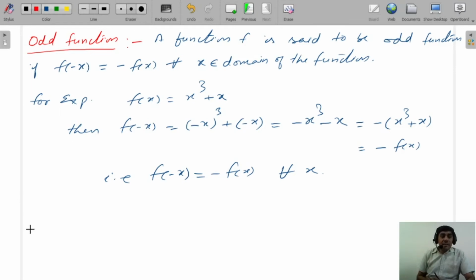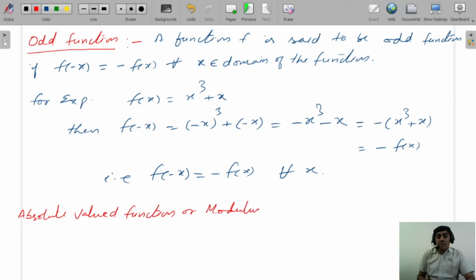The next, absolute value function, or modulus function.